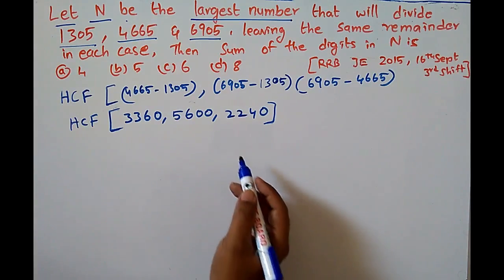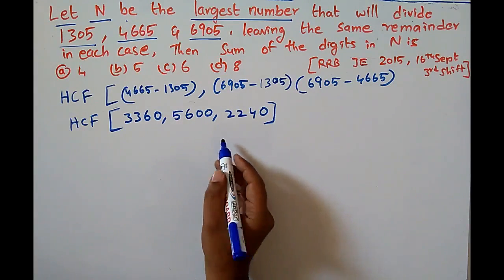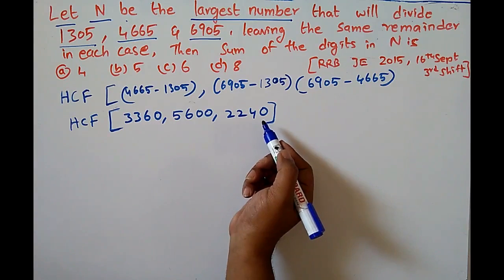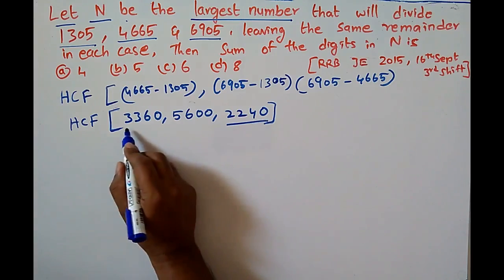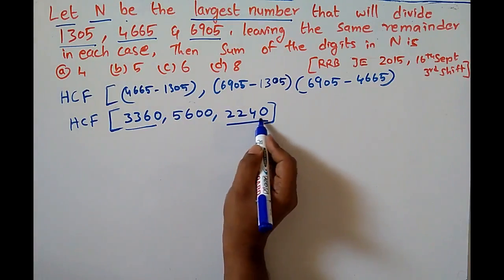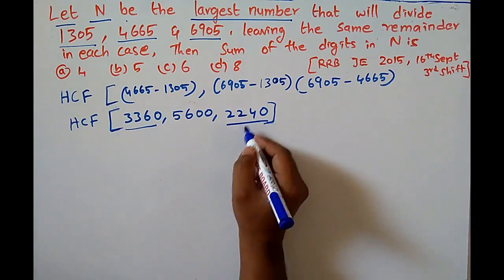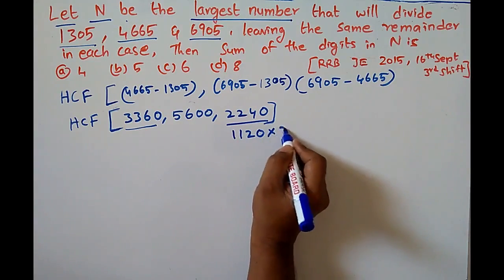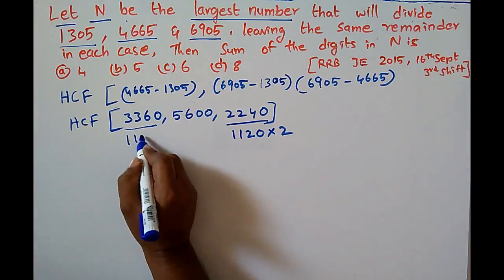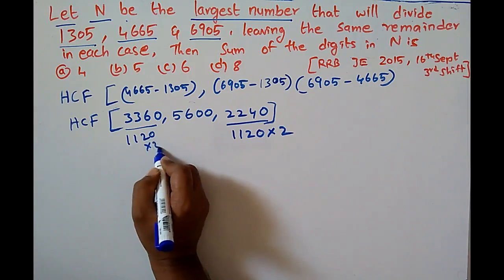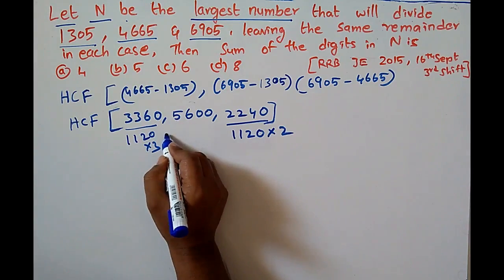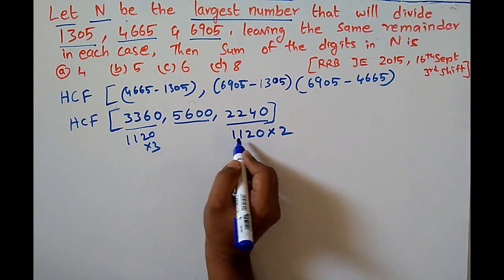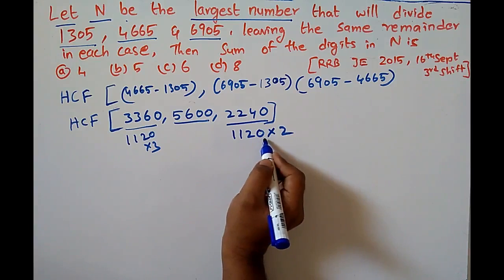2240. As I have said earlier, we have to see the numbers before finding the HCF. See friends, these two are in a similar pattern, 2240, 3360. Here I can write it as 1120 into 2 times, 1120 into 3 times. In the similar way, this 5600 should be a multiple of 1120.